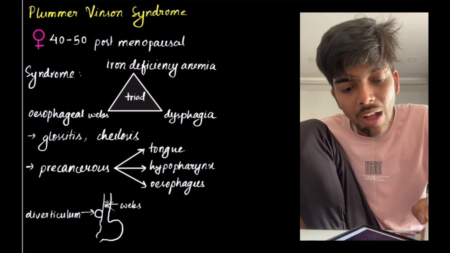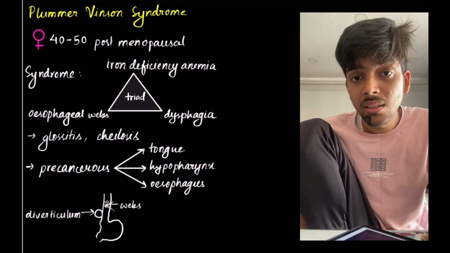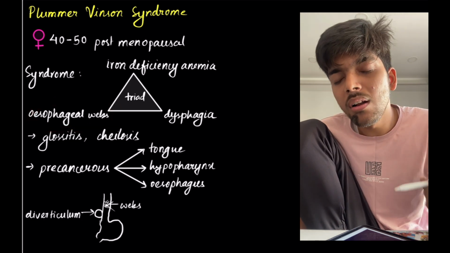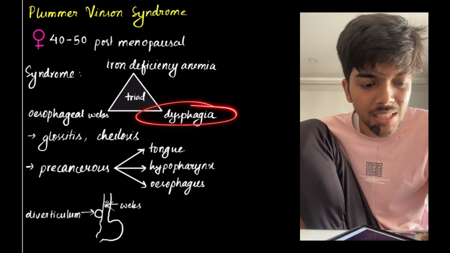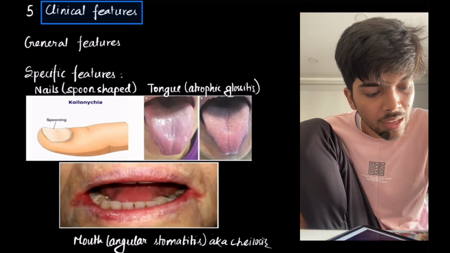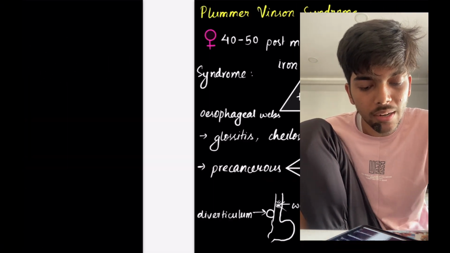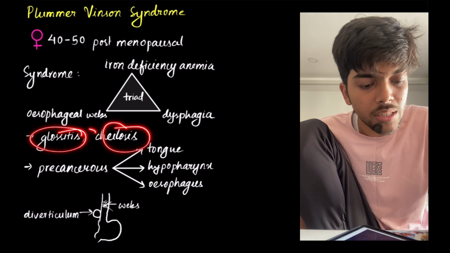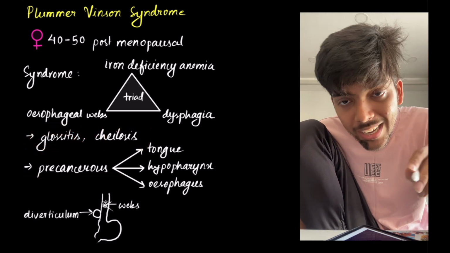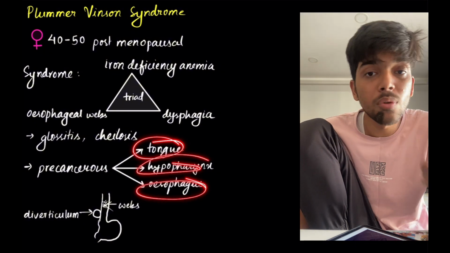So there is deficiency of iron leading to iron deficient anemia. There is formation of a web in the upper esophagus, so esophageal web, due to which there is difficulty in swallowing solid food, so there is dysphagia. Along with that, your typical features of iron deficient anemia like cheilosis and atrophic glossitis are also seen. The syndrome is also precancerous because it can lead to cancer of tongue, hypopharynx, as well as esophagus.